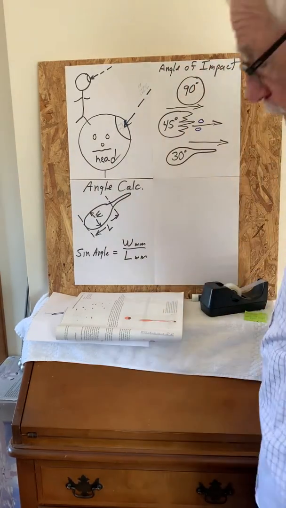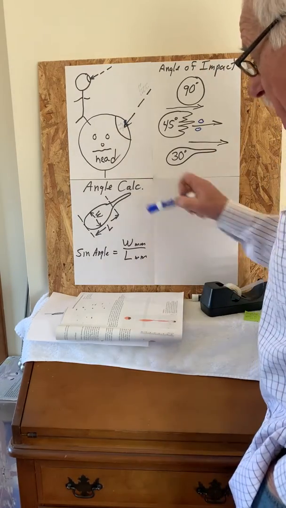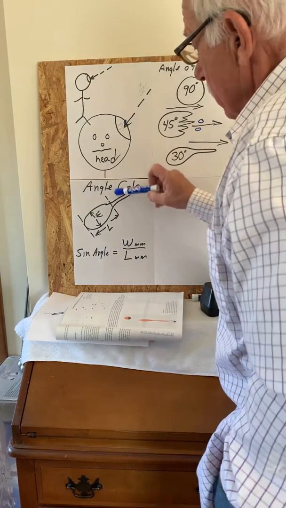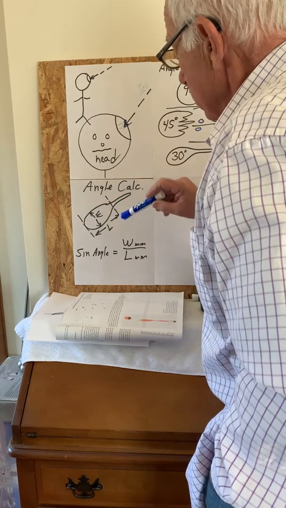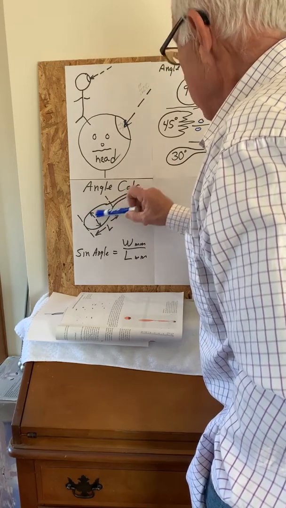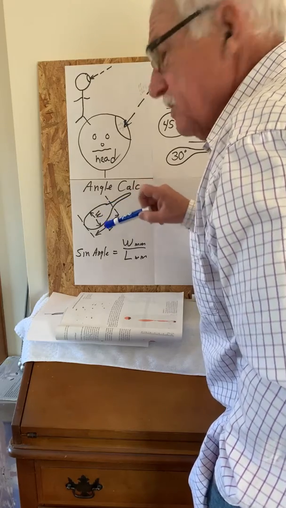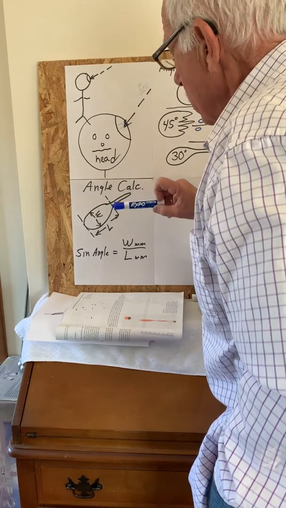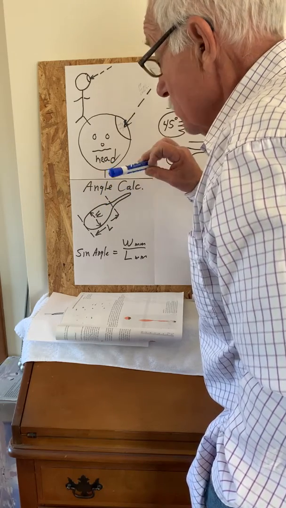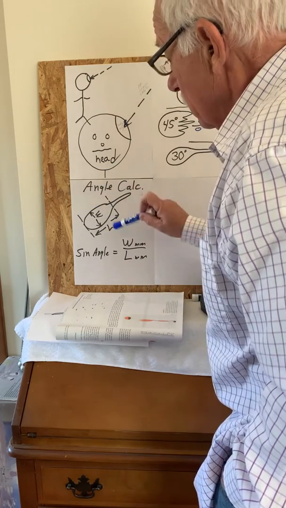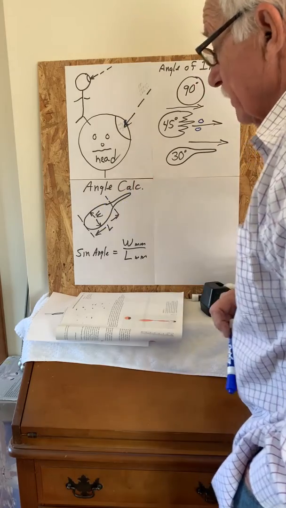Let's get into reconstruction a little bit more. Down here, what I have done is I have put in a blood spatter that is probably 30 degrees or something. And there is a way to calculate the nearly precise angle that this blood hit that surface.